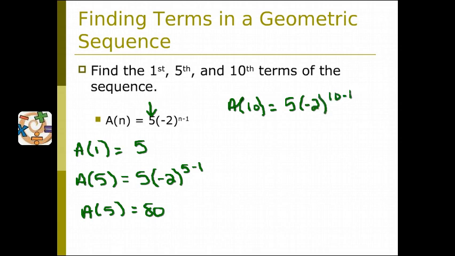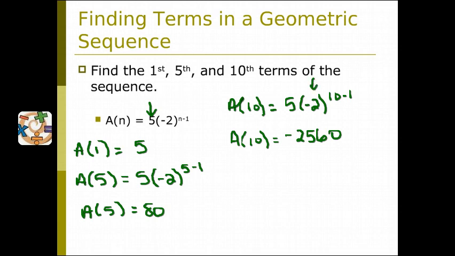Plug it in your calculator. You get that A of 10 equals negative 2,560.